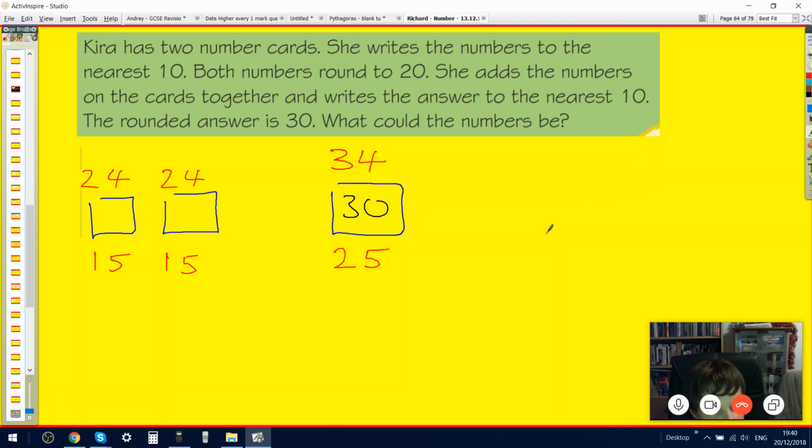Well, that would add up to more than 34, so that wouldn't round to 30. So try 2 other ones. That'll just be a second. Wait. 15 and 15. Oh. Yeah, okay.